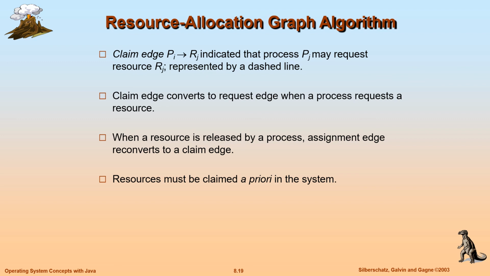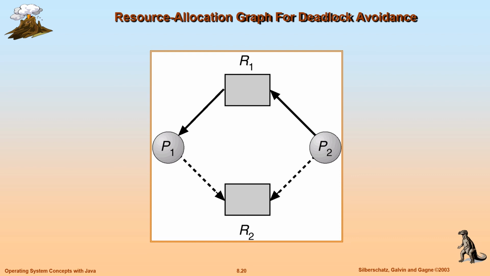When a resource is released by a process, the assignment edge is converted into a claim edge. There is a difference between an assignment edge and a claim edge. Resources must be claimed a priori in the system. In the beginning only, it should be claimed. Resource allocation graph.